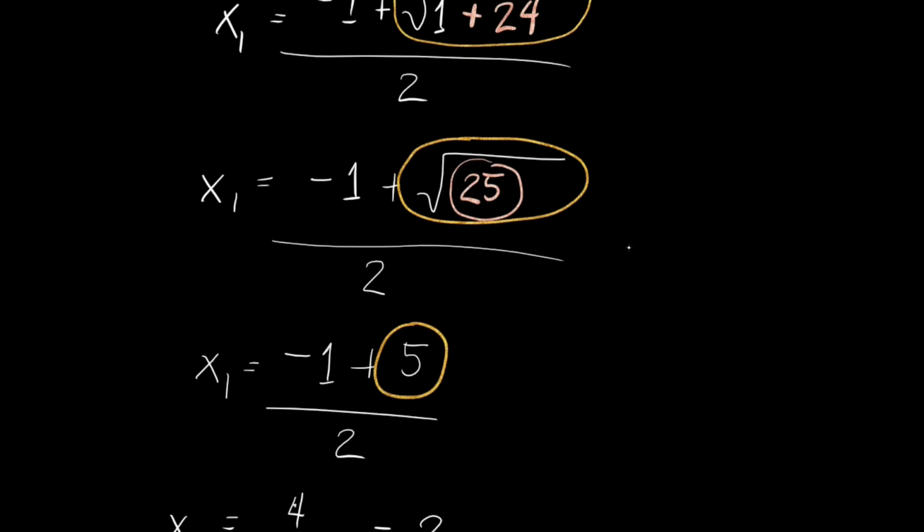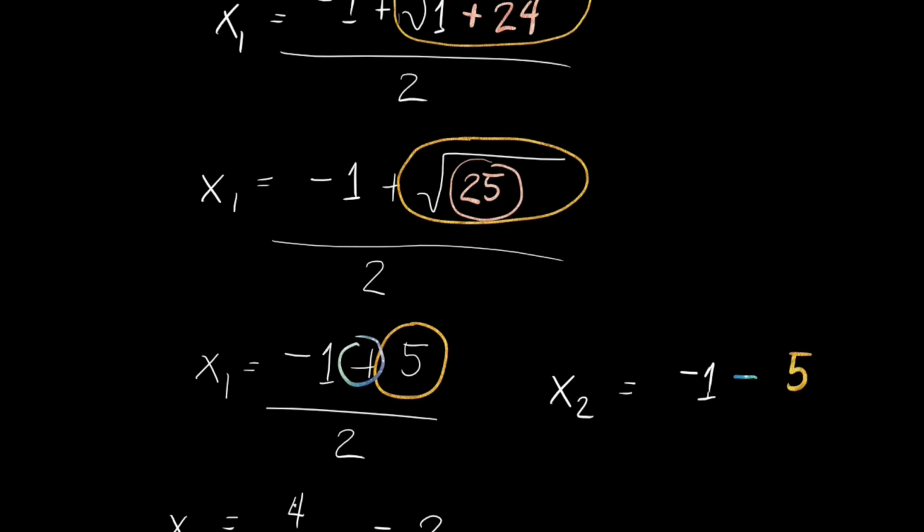Ngayon, pag kukunin mo na yung value ni x sub 2, ang pwede mong gawin is negative 1. Tapos, itong plus, di ba plus yan? So, imbes na plus, gagawin mo na siyang minus. Okay? So, that will be negative 1 minus, anong value nung square root of b squared minus 4ac, that will be 5.